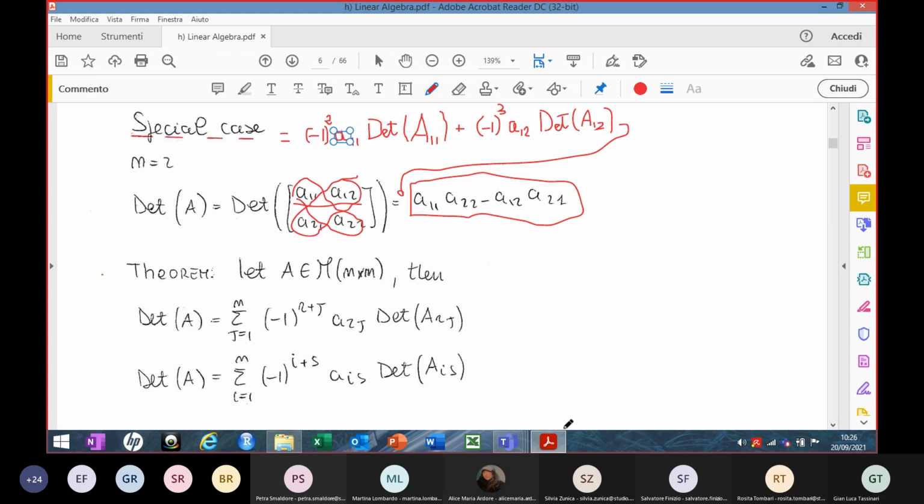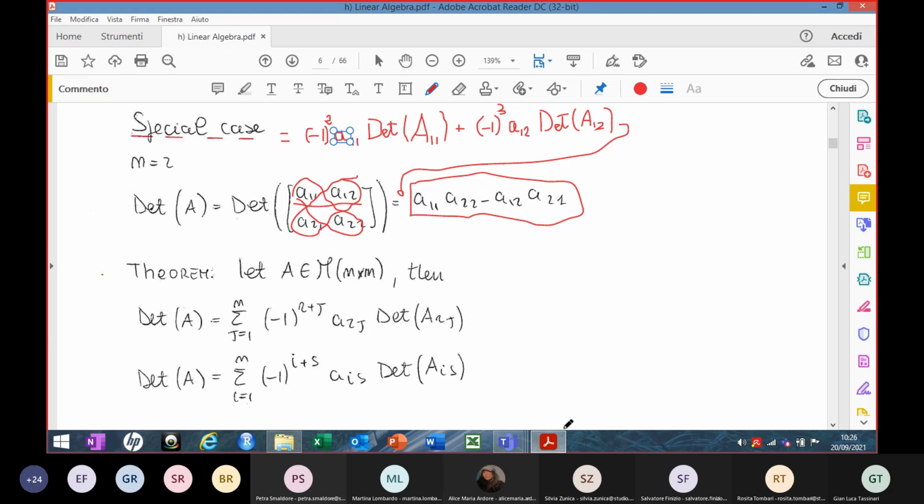So guys, I provided the definition of the determinant by recurrence by developing it along the first row of the matrix. But you can develop the determinant along the row or along the column you prefer. Why?